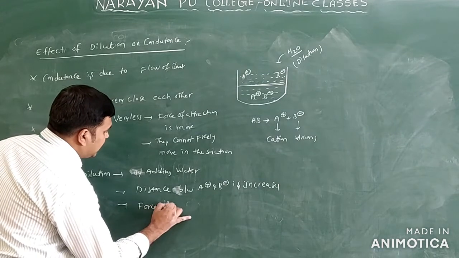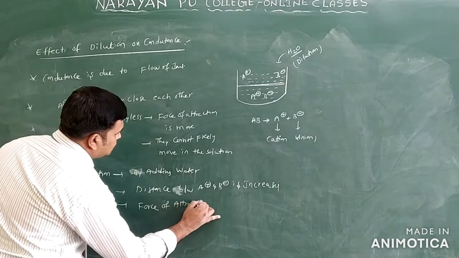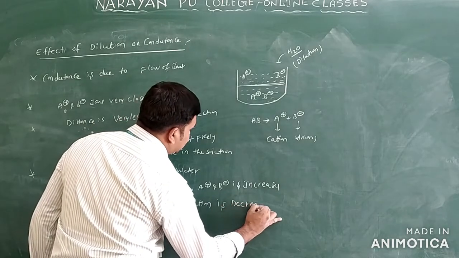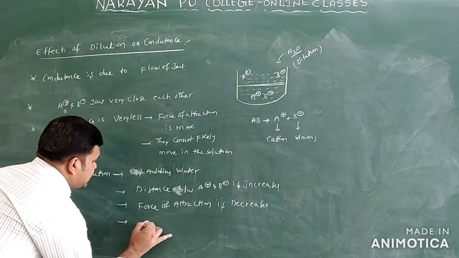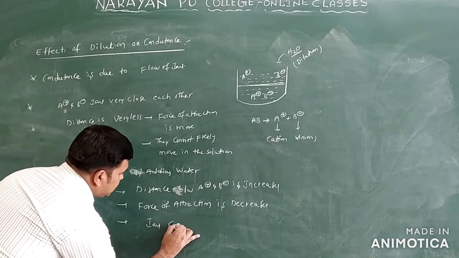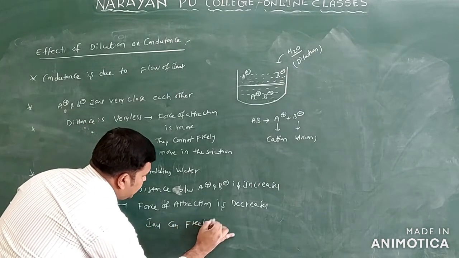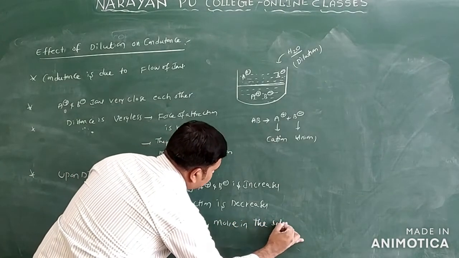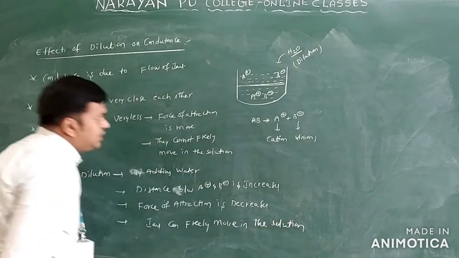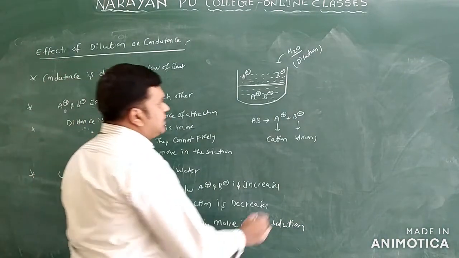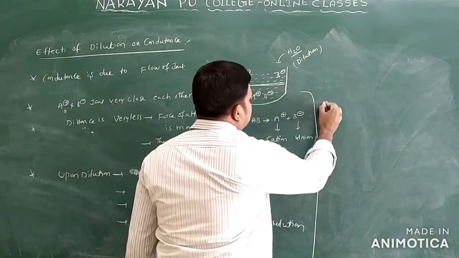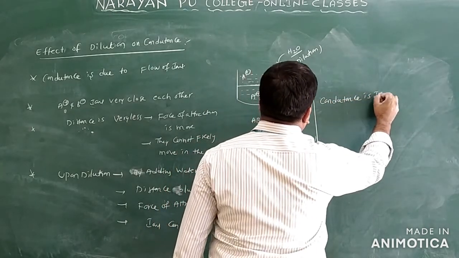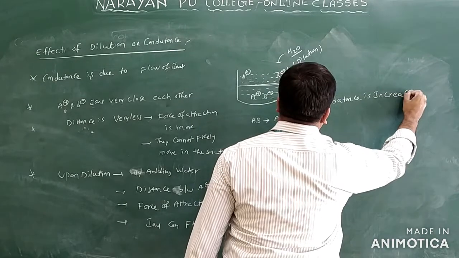Force of attraction decreases only. When the force of attraction decreases, ions can freely move in the solution. When ions can freely move in the solution, then what happens? Conductance increases only.